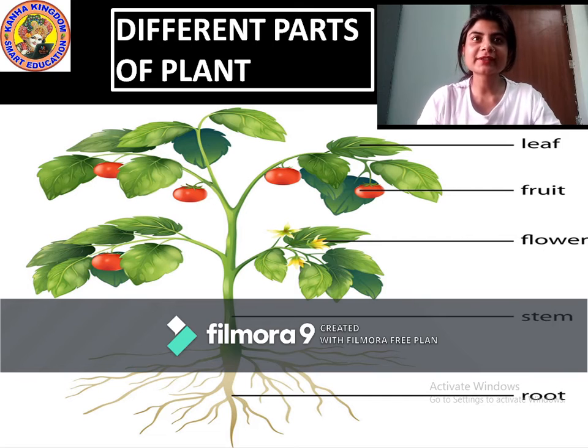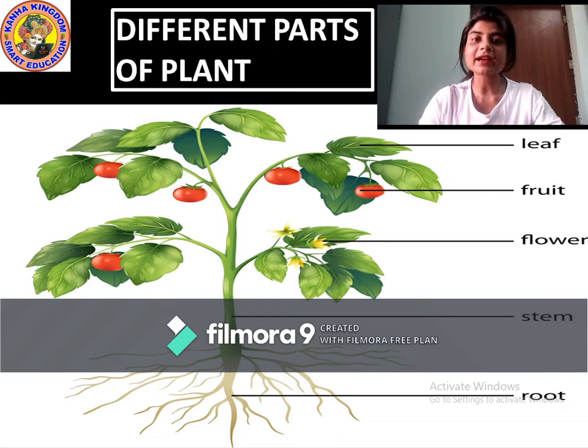So students, can you see the different parts of a plant? What are the different parts of a plant? The different parts of the plant are leaf, fruit, flower, stem and root.